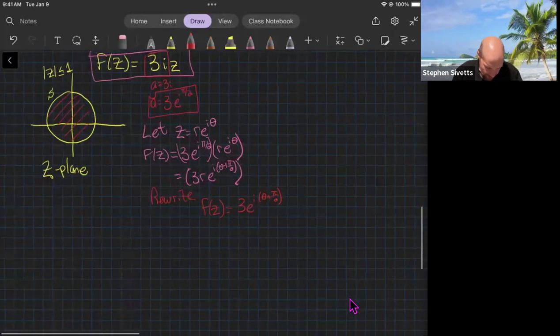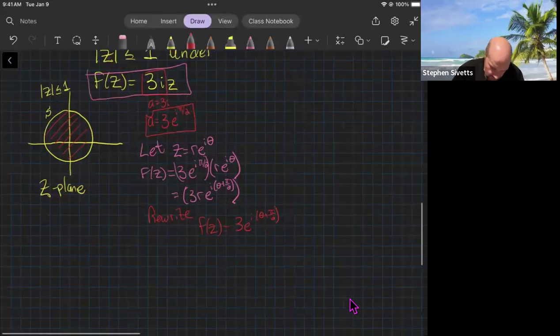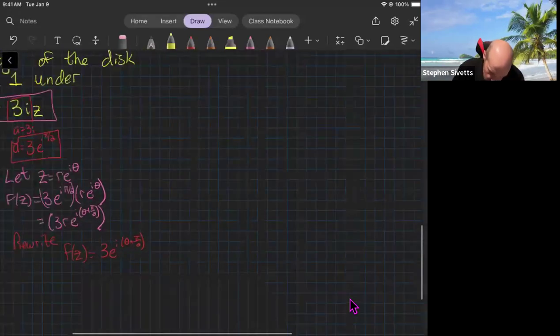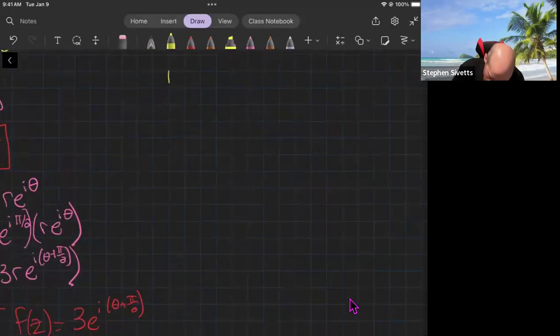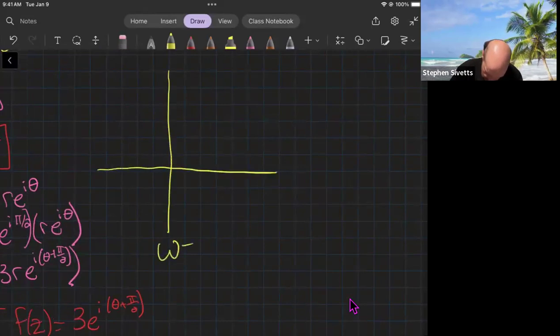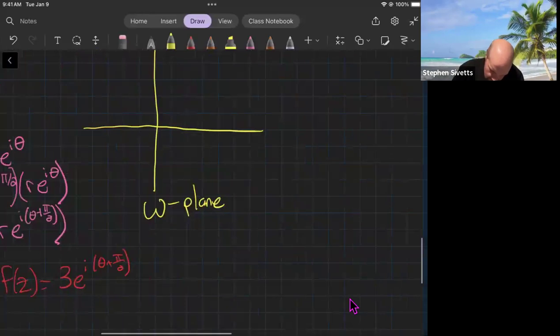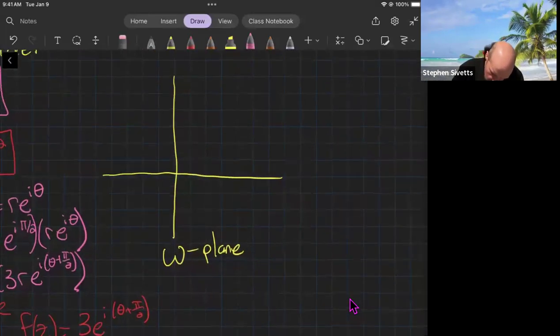Essentially, the unit circle in the z plane will become a circle of radius 3 in the w plane. And all the angles are just added on by pi over 2. If theta is 0, the new theta is pi over 2, with a radius of 3.